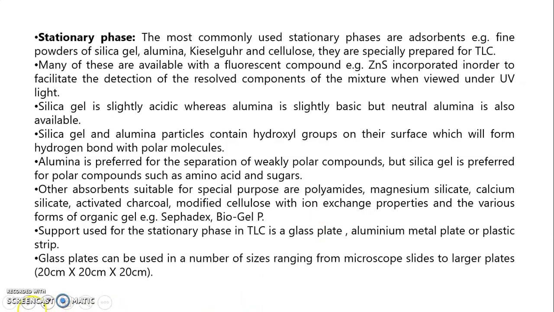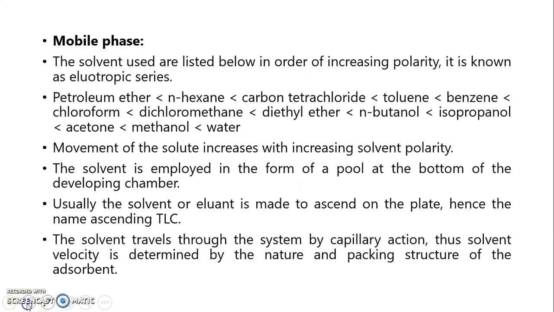So we prefer silica gel over all the other adsorbing materials. Normally we prefer the glass plate, which can be the size of a microscope slide, that means a very small glass plate is required for the separation of components.